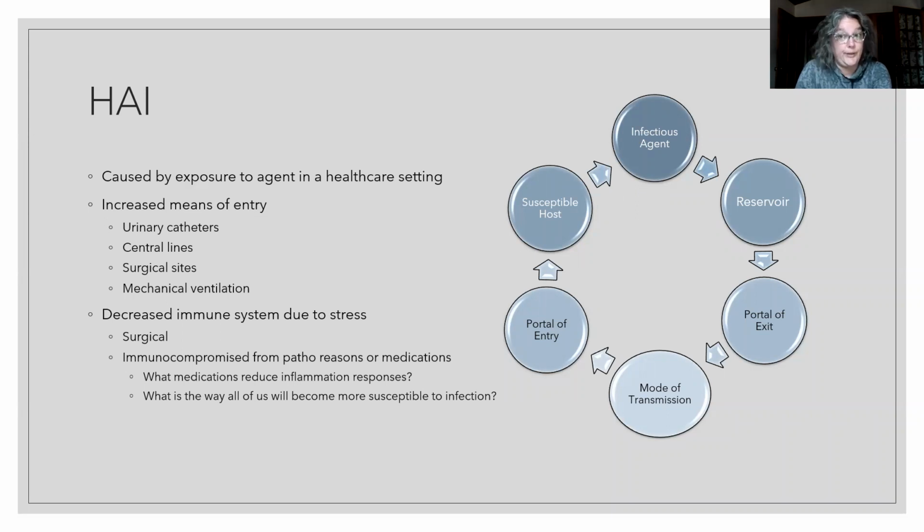Coming up, preview, spoiler alert, I'm not sure, is we'll be talking about cancer in the near future. And one of cancer's main treatments is chemotherapy. Chemotherapy's main job is to take out rapidly dividing cells.